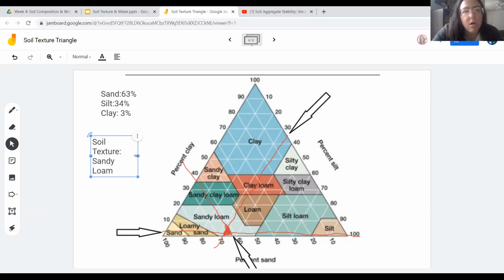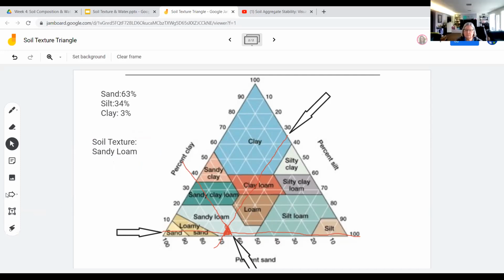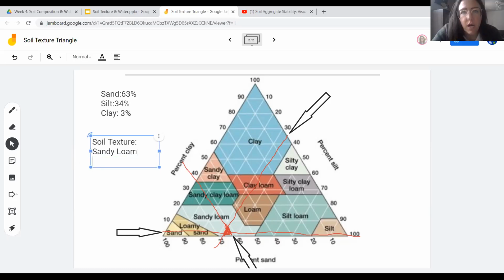How would water move through the soil? It would drain well. Yep. Is the water going to move faster through the soil than I would like, or slower? Faster. Yeah.